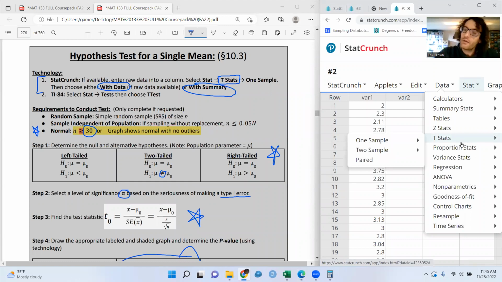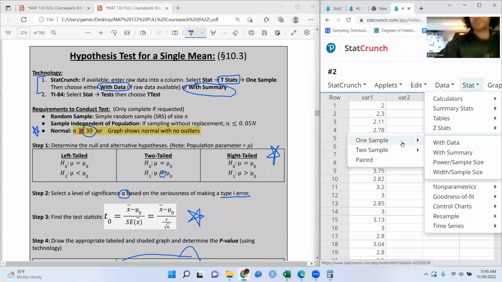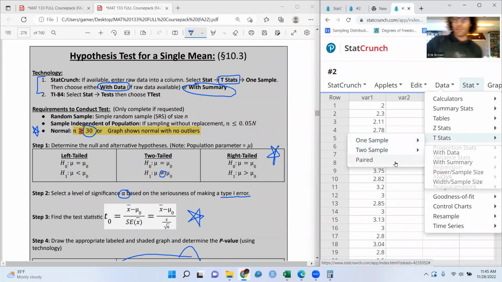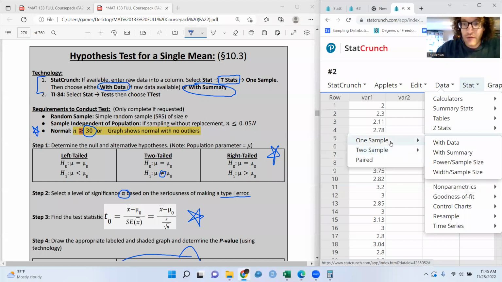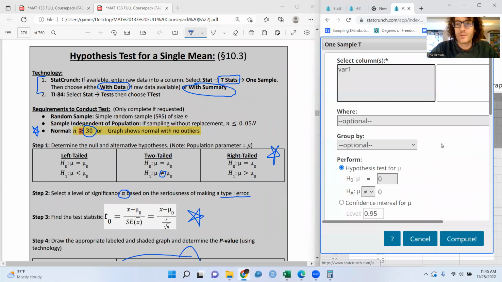For chapter 10, we're doing 1 sample. For chapter 11, we'll be doing 2 sample and paired. But for now, we're doing 1 sample, and we're doing it with data because we don't have the summary stats, even though we could generate them if we wanted to.